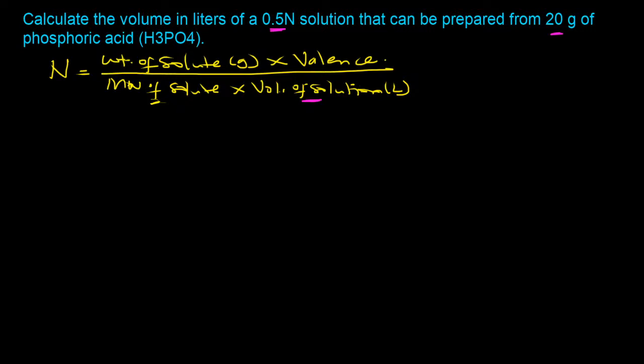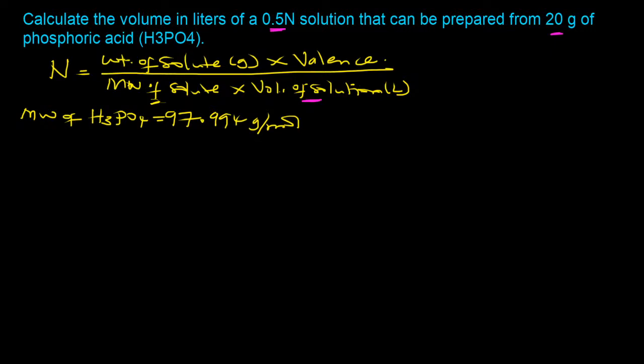So the molecular weight of phosphoric acid is actually equal to 97.994 gram per mole, or approximately 98.